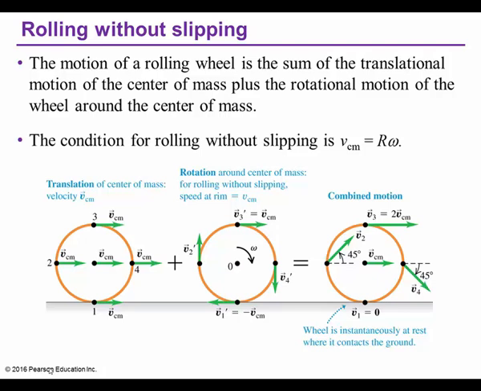All right, now what about rolling without slipping? Well, that's very easily calculated. If we want to look at the velocity center of mass of an object like a tire, say a tire rolling down the street on your car, because it's not slipping. You don't want it slipping because you're wasting energy and you're not getting anywhere. That's why when we have anti-lock brakes, we don't want to go into a skid, because skidding produces acceleration, and when you want to stop, you don't want to accelerate during stopping.